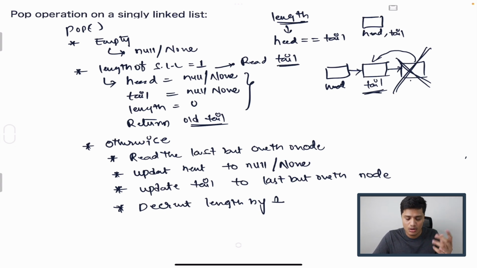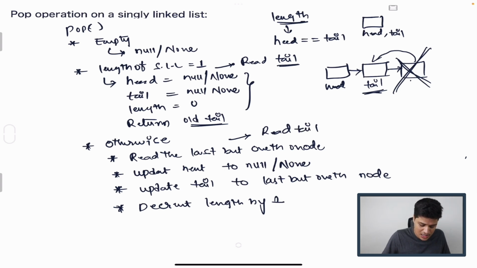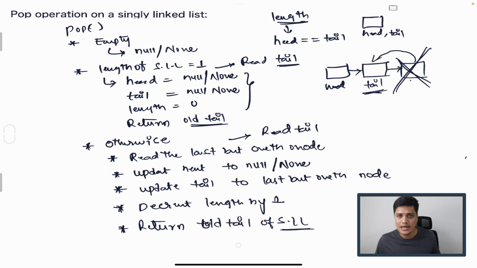In the end, just like how we read the tail node, we will first read the tail node here as well, so that in the end we can return the old tail of the singly linked list, which is getting deleted as part of the pop operation.